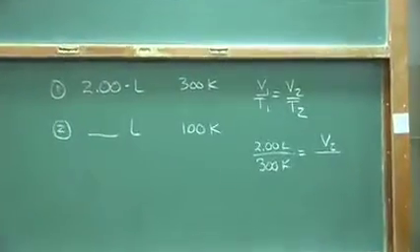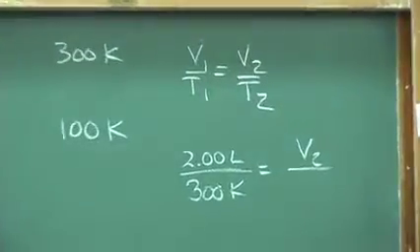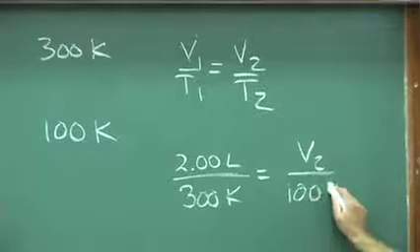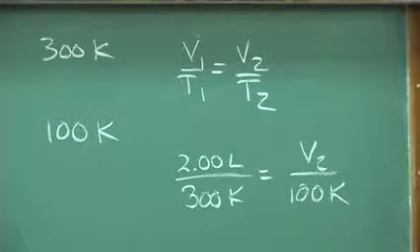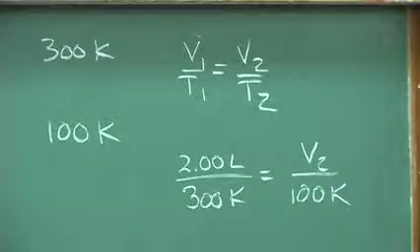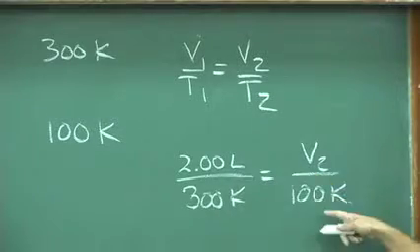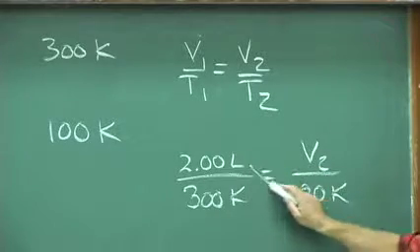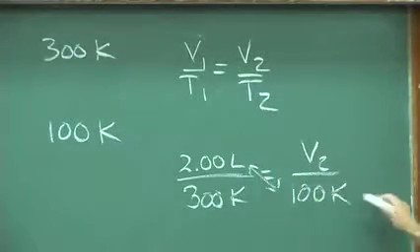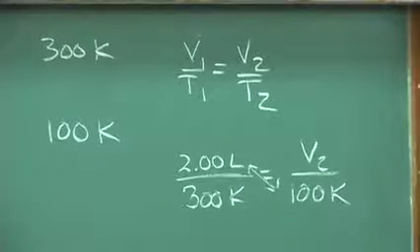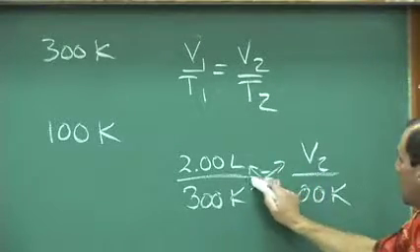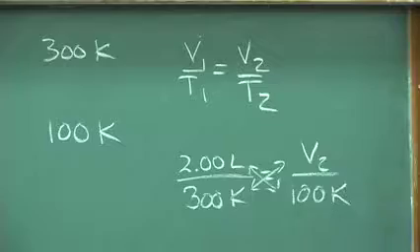That's what we're going to solve for. What's the new volume? And temperature, once we do the experiment, 100. The math is simple. We're going to do some cross multiplication. We're going to multiply 2 liters times 100 kelvins. Then we're going to have on the other side of the equality 300 kelvins times V2.